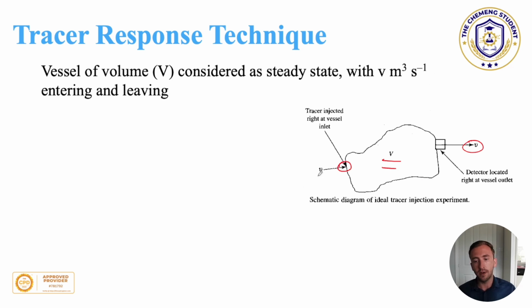Now we have our volumetric flow rate, V, which is in meters cubed per second. And we then have our detector at the outlet of the vessel. What that's going to detect is the tracer that we inject right at the inlet of the vessel, and it's timing how long it takes for the tracer to then leave the system.